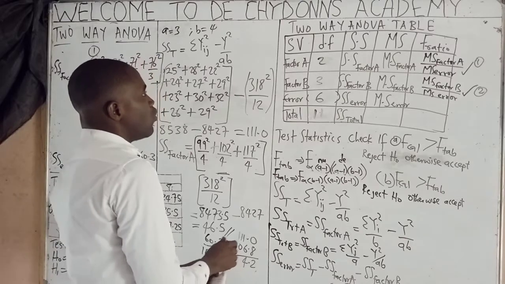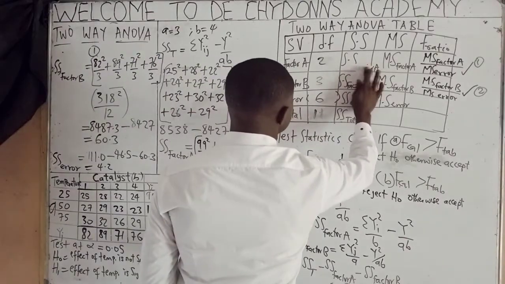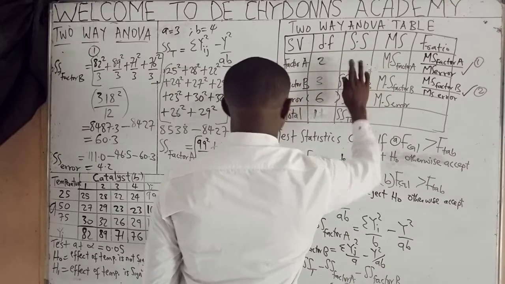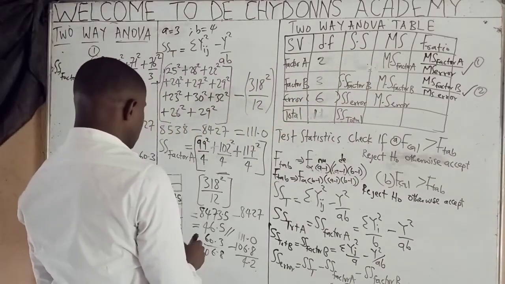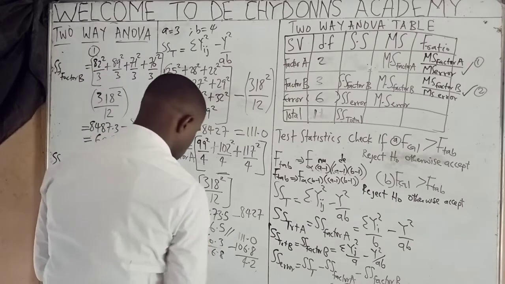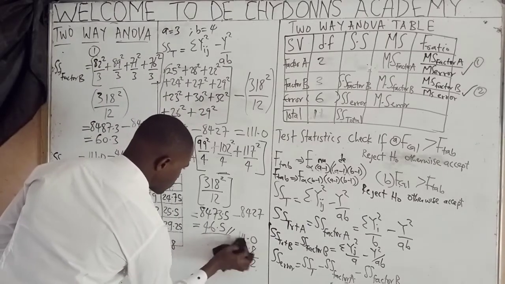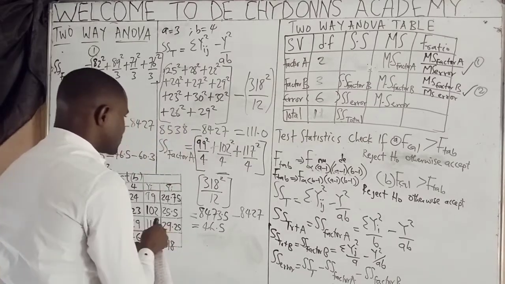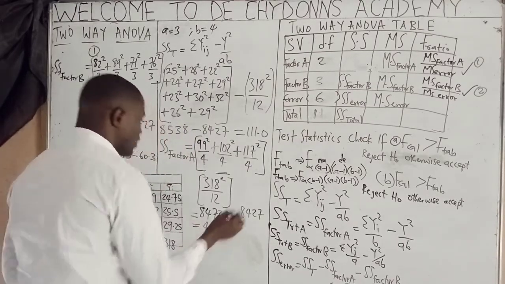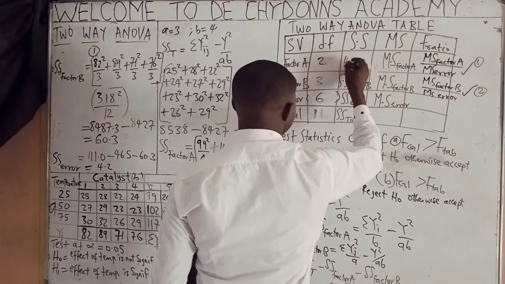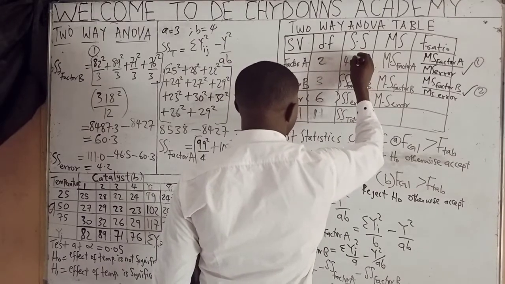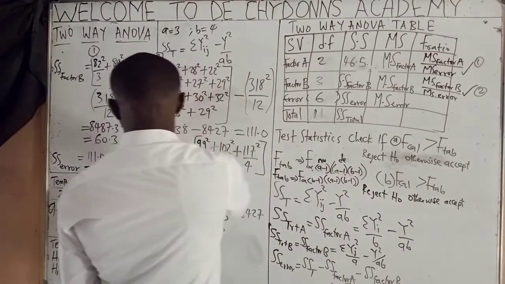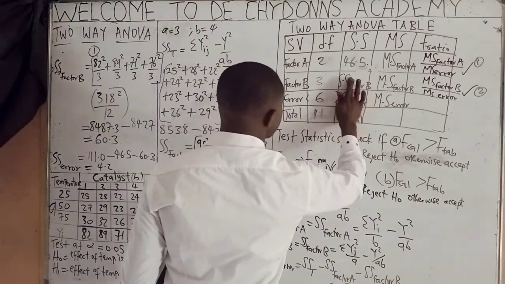What is our SS factor A? SS factor A is given to be 46.5. Then SS factor B is given to be 60.3.